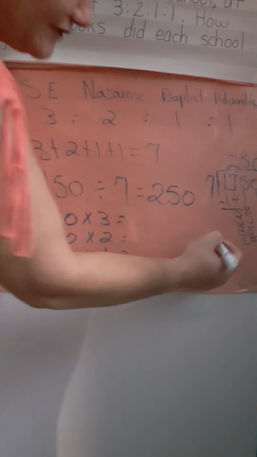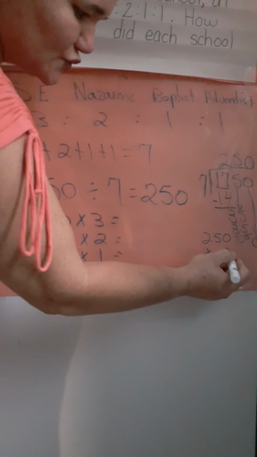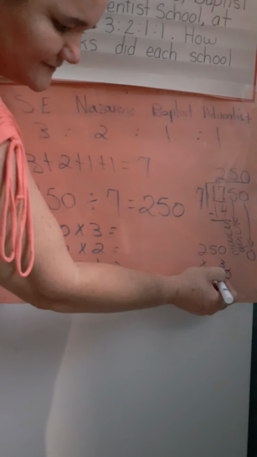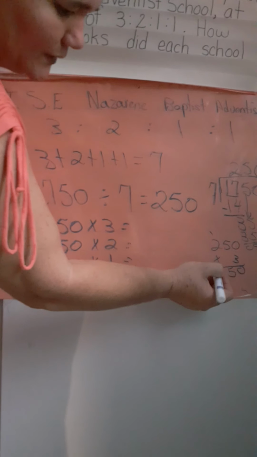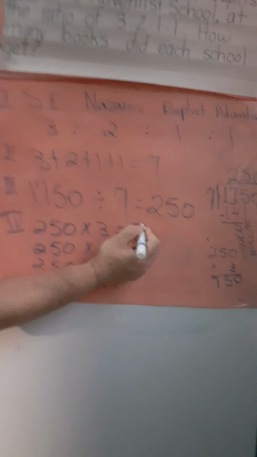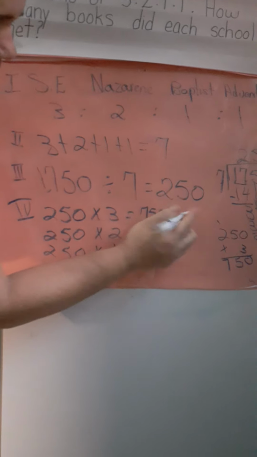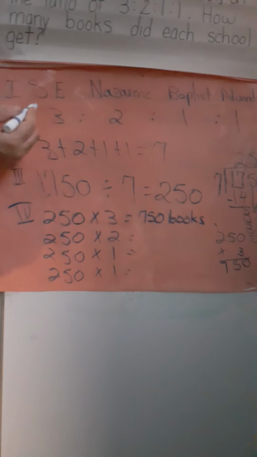Let's go to our rough work. 250 times 3. 3 times 0 gives us 0. 3 times 5 is 15. Carry 1. 3 times 2 is 6 and 1 is 7. So that is 750 books. That's for Santa Elena.